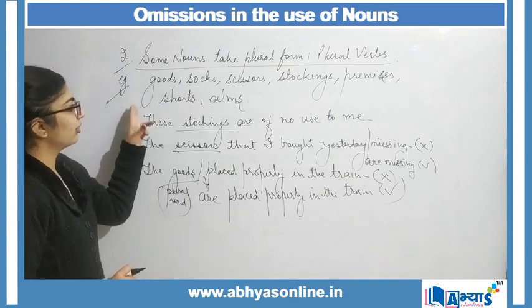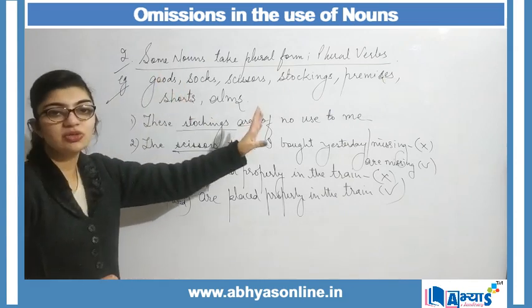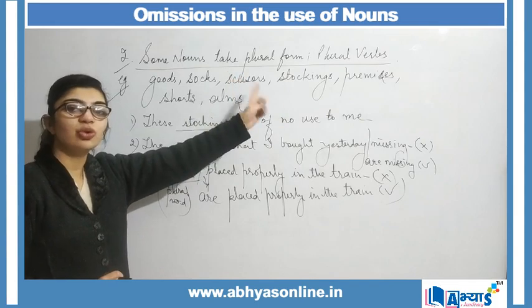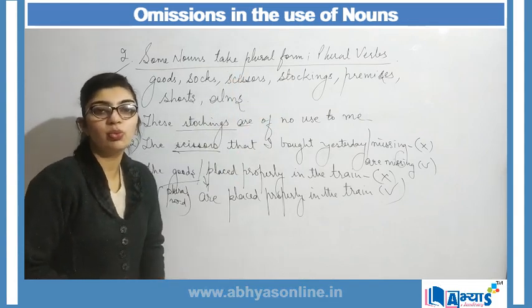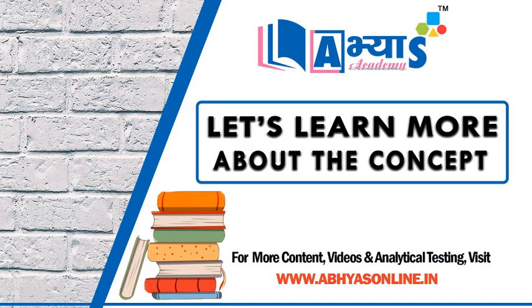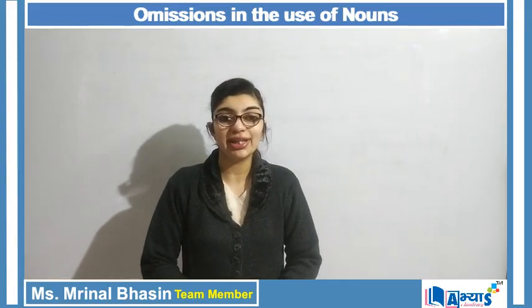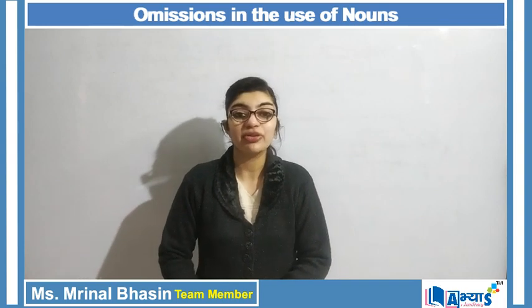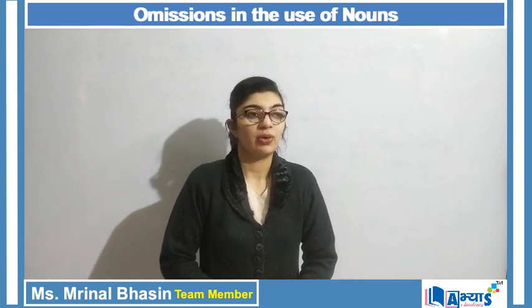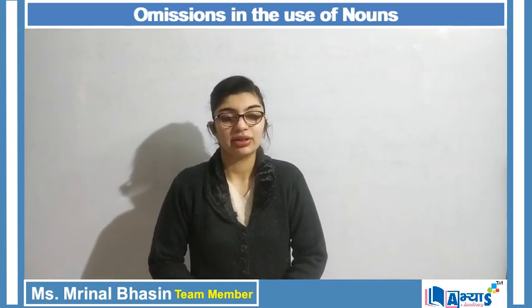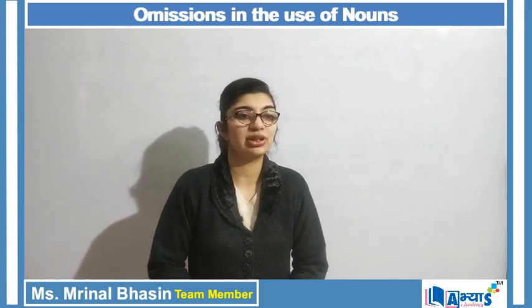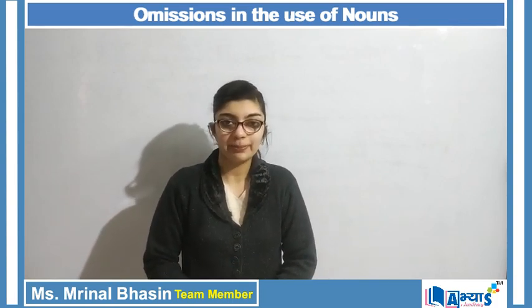So this was the second rule, that there are some words which take plural form, and for those there will be a plural verb. Now there are some words which indicate length, measure, weight, or I can say money, distance. It can measure the number.